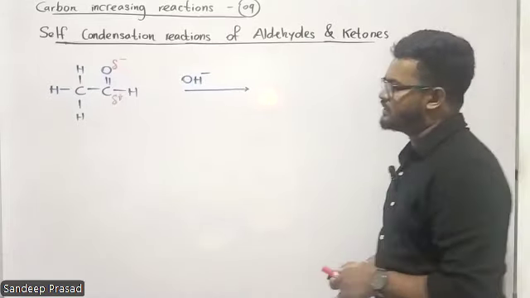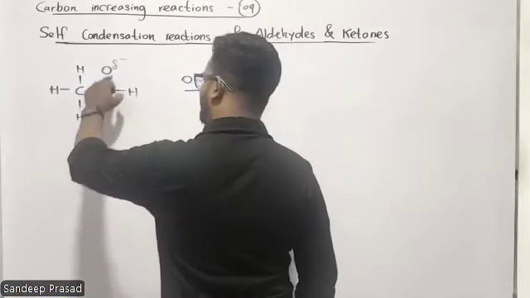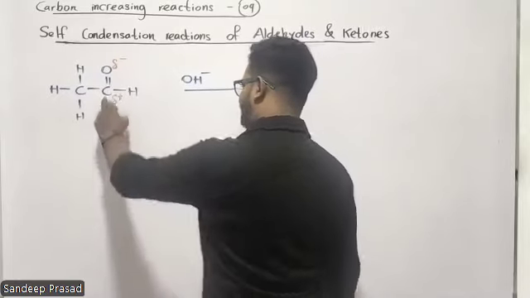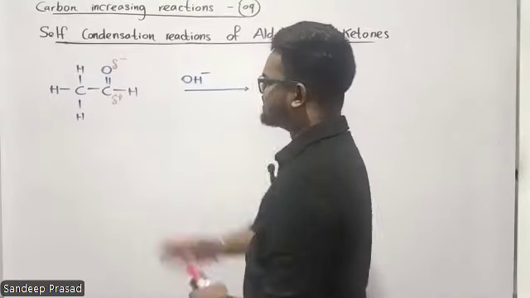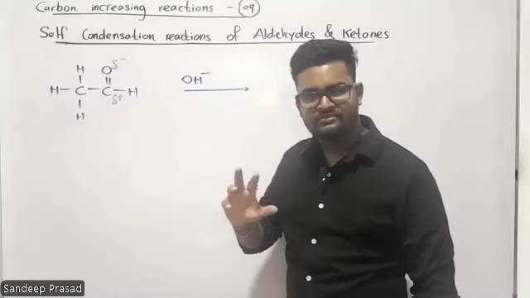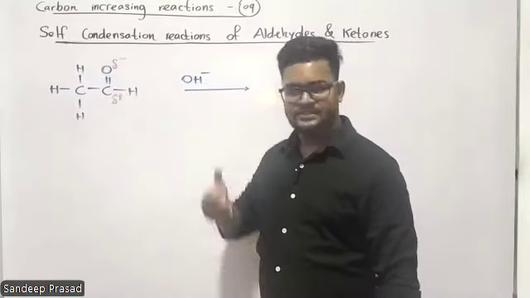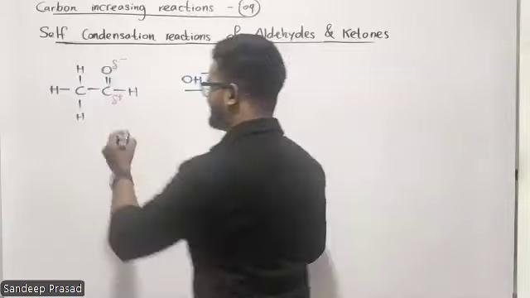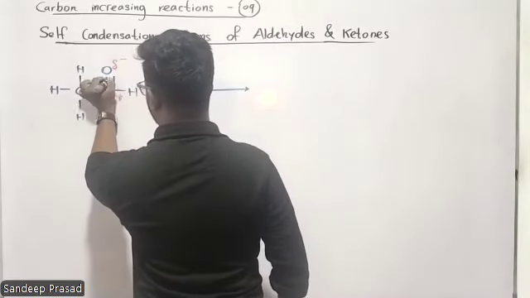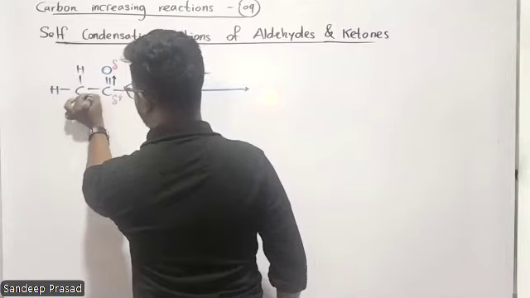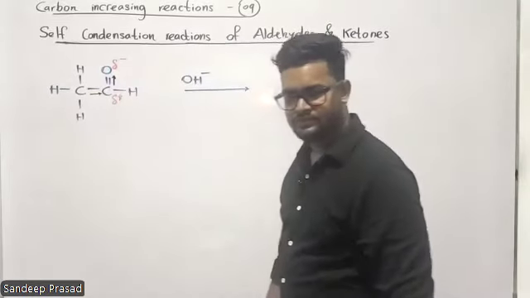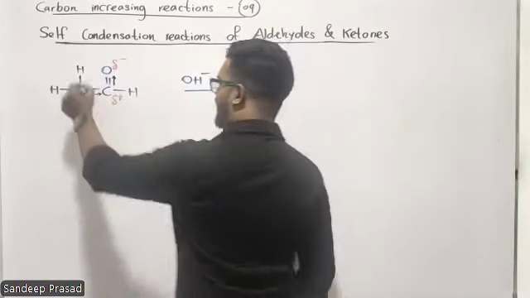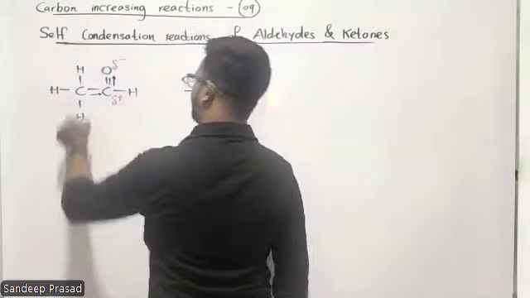Now remember, students, this carbonyl group is polarized. Oxygen is pulling electrons from the carbon atom. Then this carbon atom feels some kind of electron deficiency, so it asks for electrons from the neighboring carbon atom. Then this neighboring carbon atom takes electrons from the hydrogen.